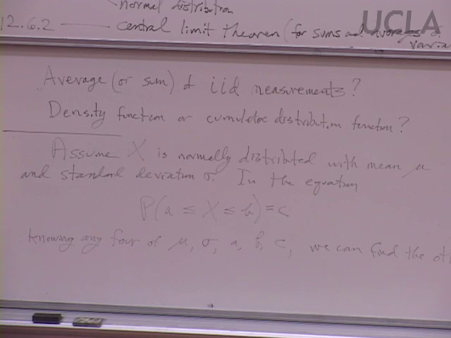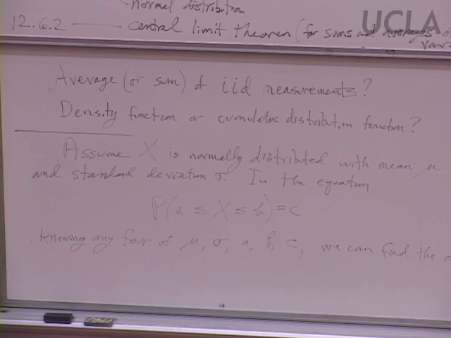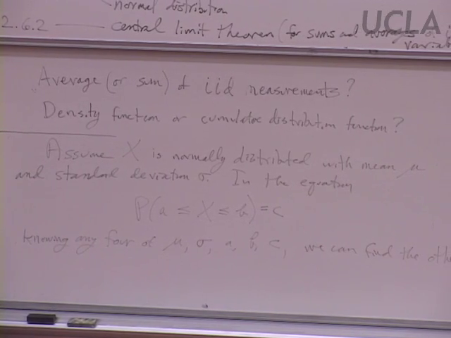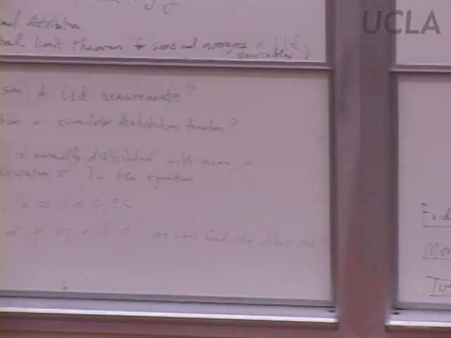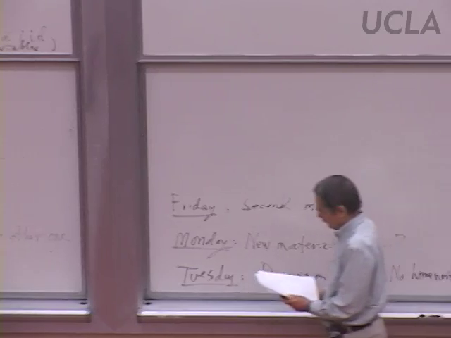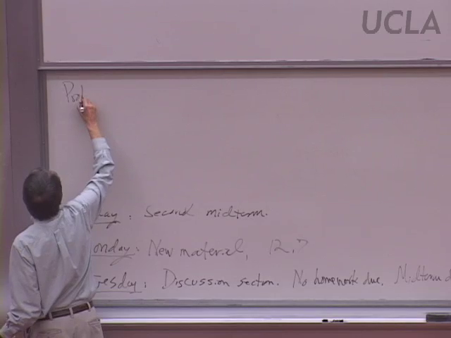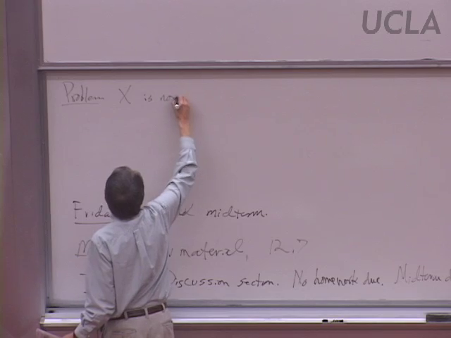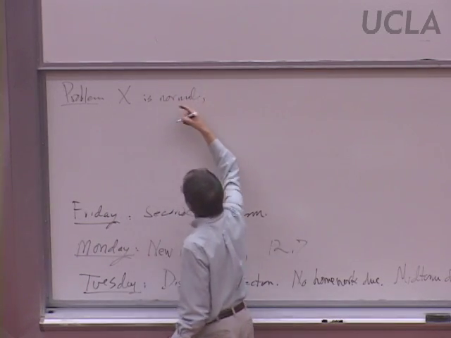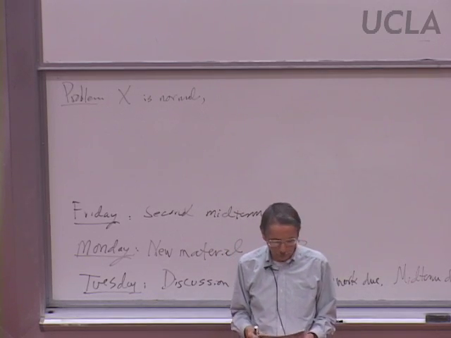For example, let's do a solve for B problem. There's a normally distributed random variable, and what if we know those other four numbers?